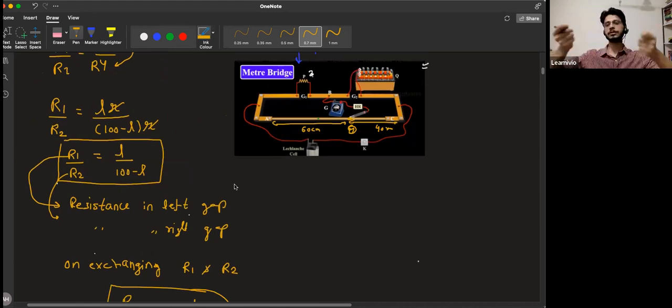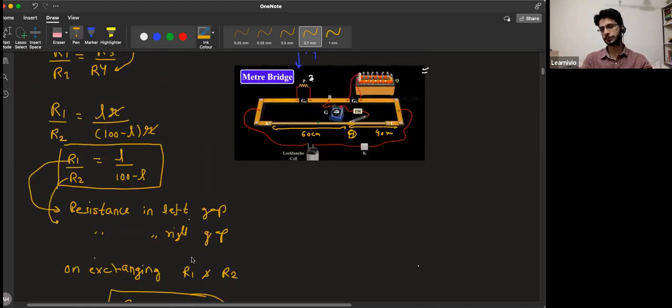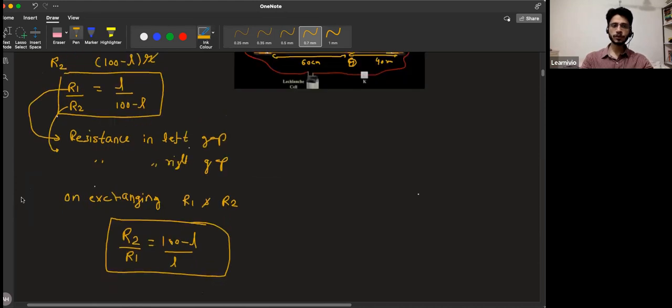If the left resistor goes to the right and the right one goes to the left, then the balancing condition will change. It will be R2 by R1 into 100 minus L. That's the first conceptual question on meter bridge.